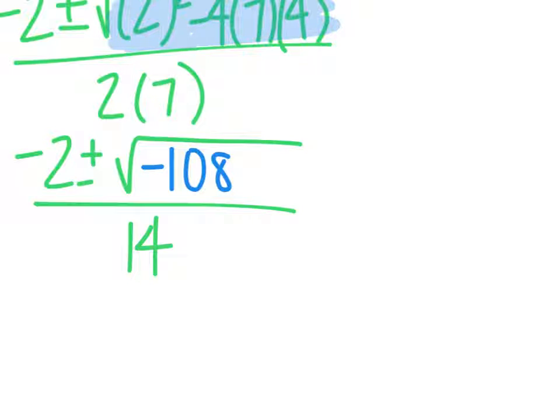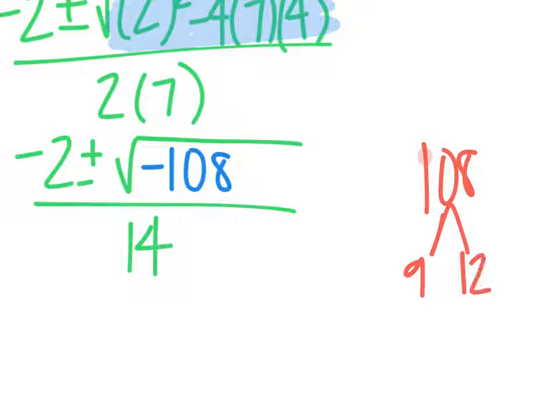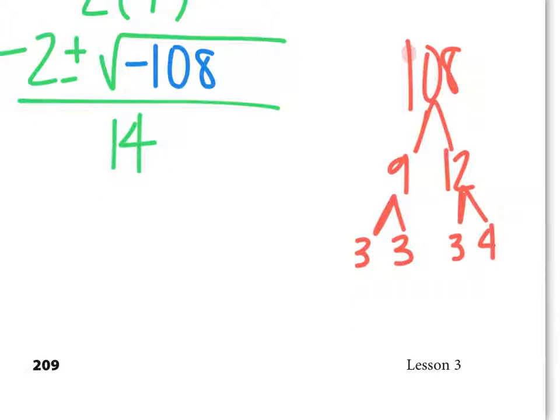I'm fine with that one. So if I'm going to do the factor tree, then I have 108. Okay, we'll go back to 9 and 12 because we knew that's what it was. What's 9? 3 and 3. 12: 3 and 4. And then 4 factors into, okay.